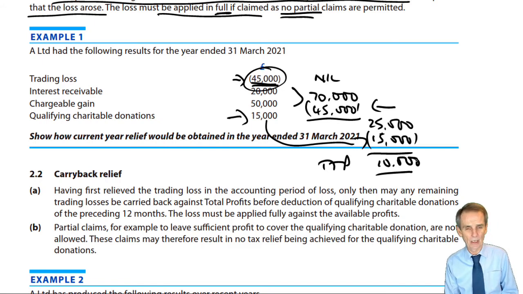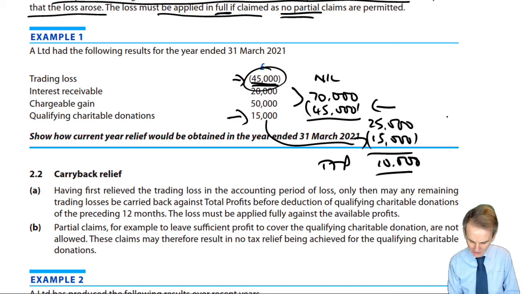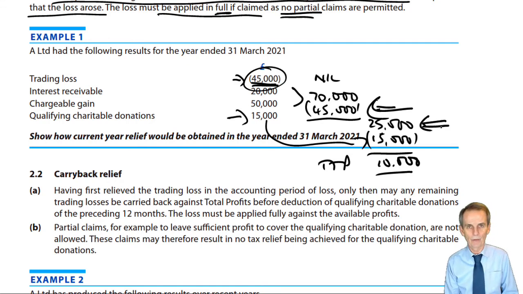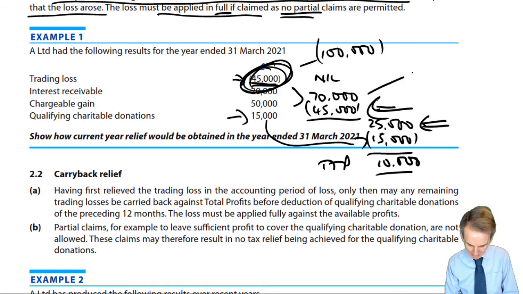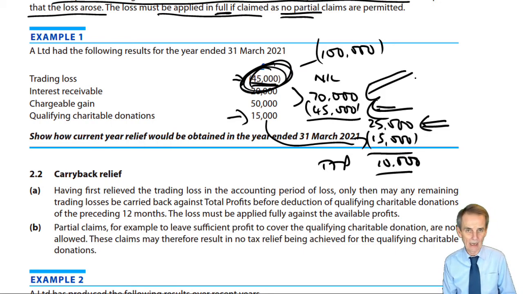It would equally not involve any wastage of your qualifying charitable donations paid, because the amount of loss used still leaves their total profits sufficient to cover the donations paid. But understand that if that loss, instead of 45,000, had been £100,000, then the only claim, if you make the current period claim, that could be made against that £70,000 would be £70,000.